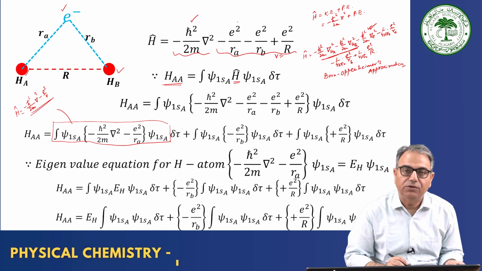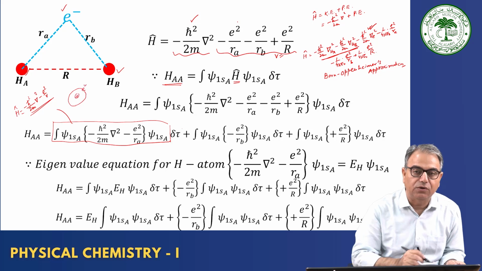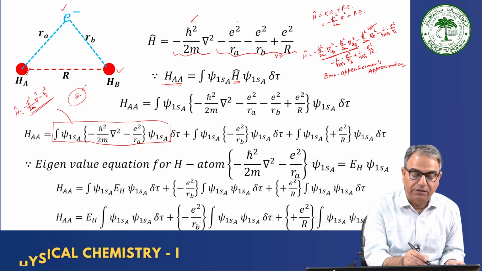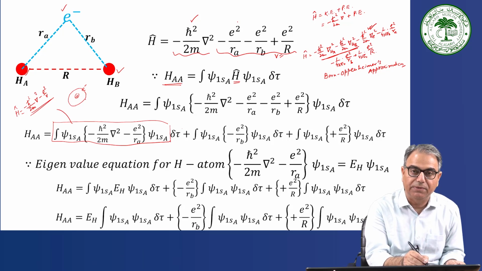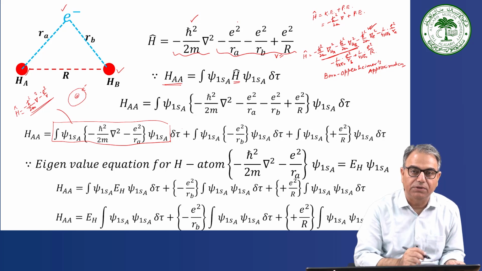It indicates a hydrogen atom, because if you have a hydrogen atom, then you have a nucleus and you have an electron. So the potential energy is minus e square by R, and the kinetic energy is minus h cross square divided by 2m del square.